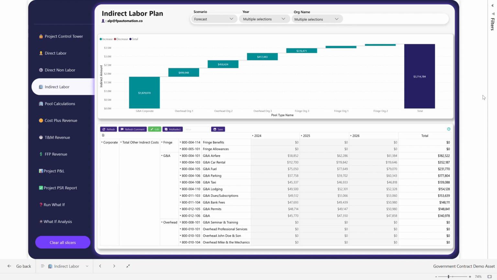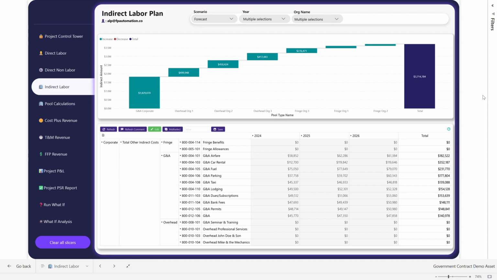In our previous video, we had covered direct non-labor planning, which is the non-labor expense portion directly related to a project. And before that, we also covered direct labor expenses, which are the people expense portion related to projects directly.